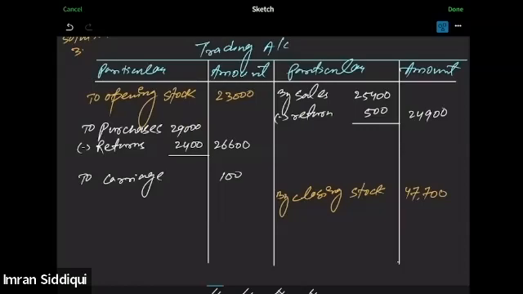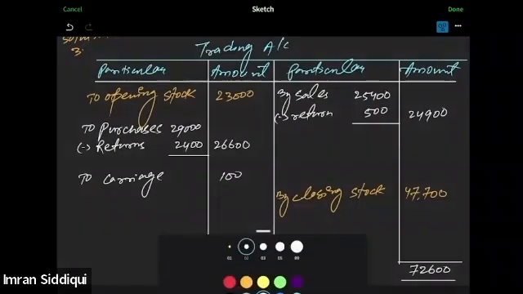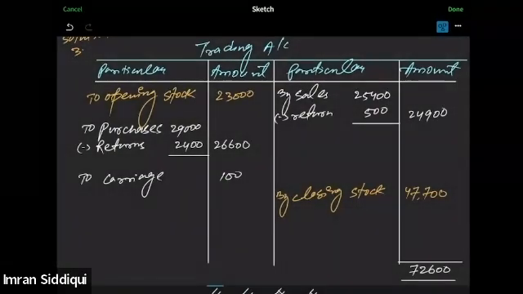So let me write that down here, 72,600. And now we will deduct the debit side items out of it: 72,600 minus 23,000 minus 26,600 and minus 100. So the balancing amount is 22,900. Obviously credit side is greater than the debit side, so this will give us profit, which will be called gross profit.